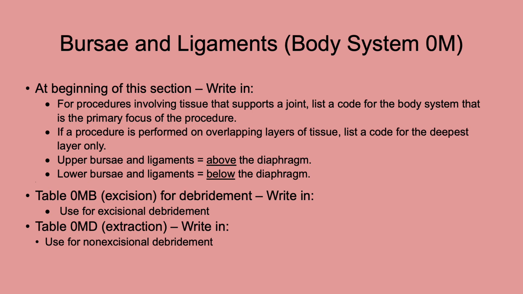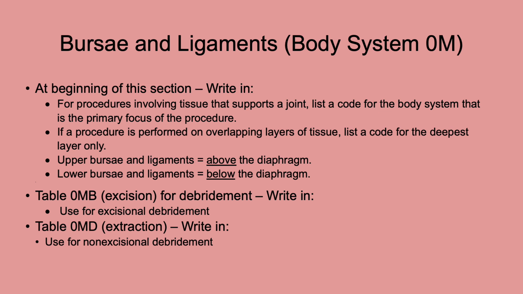So let's move on to bursa and ligaments, body system 0M. So at the beginning of this section, again, write in the thing about tissue supports a joint. So what is the primary focus of the procedure? The bursa or the joint? Ligament or the joint?